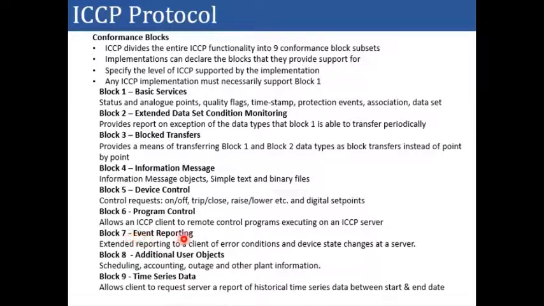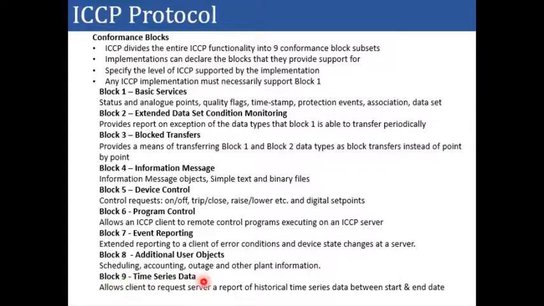Block 7 is the event reporting, which is the extended reporting to a client of any error conditions and the device state changes at a server level. Block 8 is the additional user objects, which talks about scheduling, accounting, outage, and other plant information related activities.